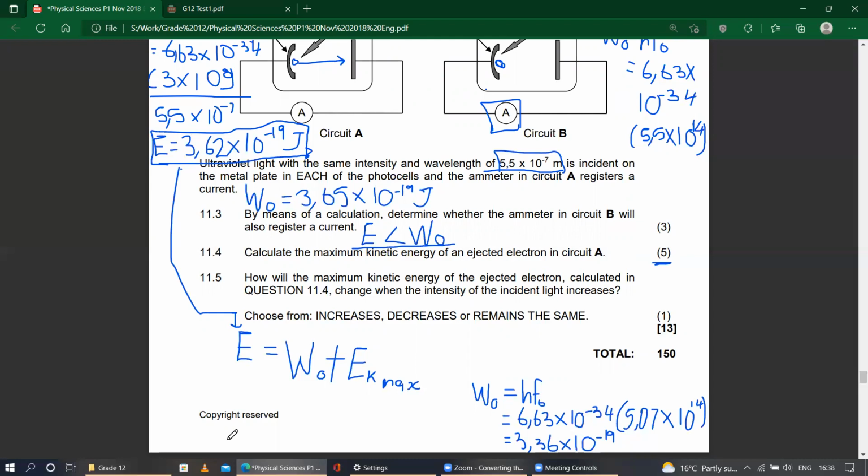Yes, sir. So basically we just have to make EK max the subject of the formula. So we're gonna get EK max, that's gonna be equal to the total energy from the light minus the work function.